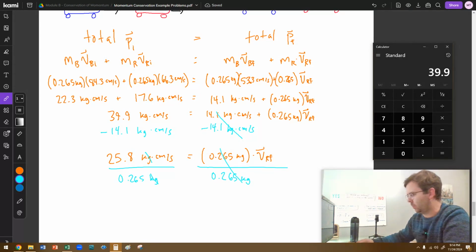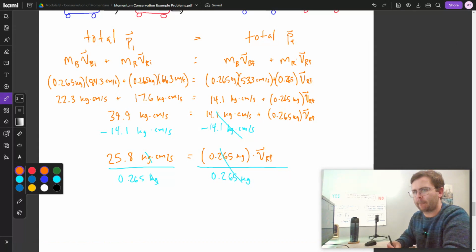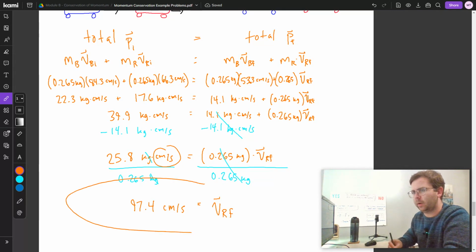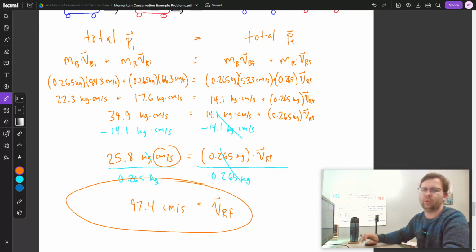And so the final velocity of the red car is 97.4. And that's centimeters per second, right? Because that's the unit that we have left over right here. So that is the final velocity of the red car, 97.4 centimeters per second.